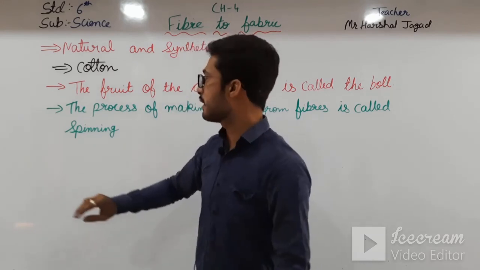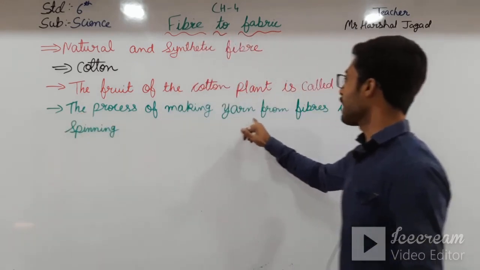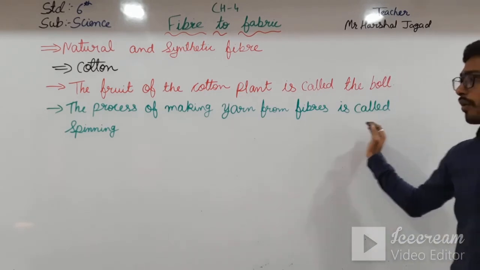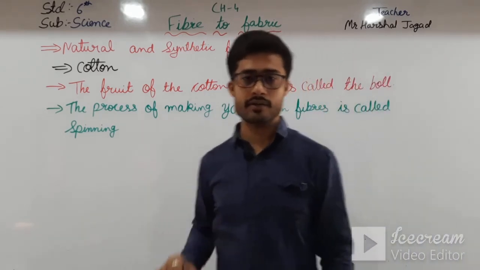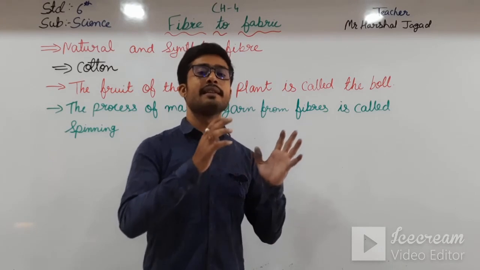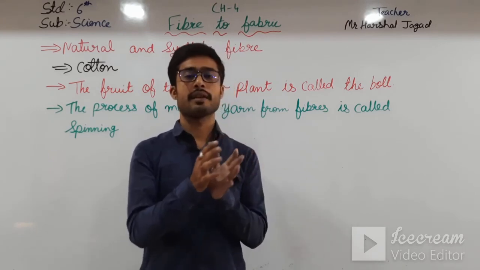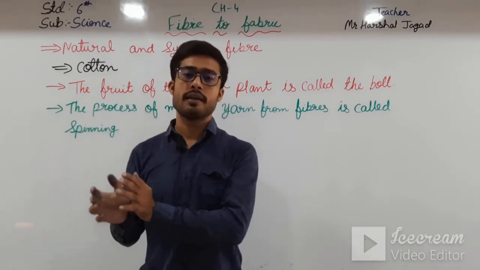How is it converted? The process of making yarn from fibers is called spinning. By the spinning process the fibers are converted into cotton yarn.